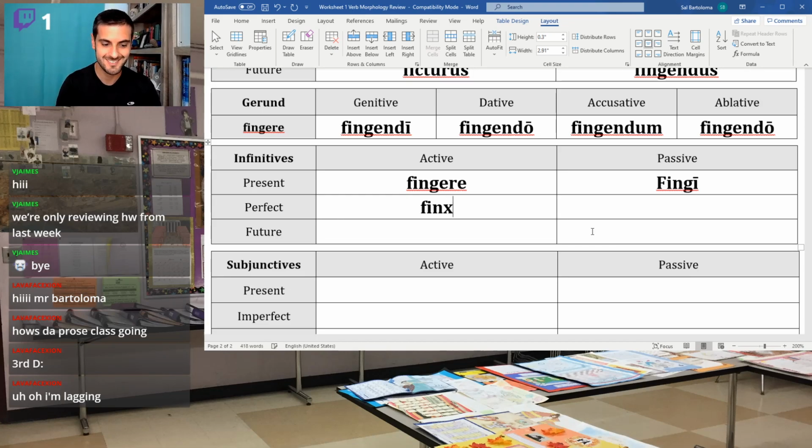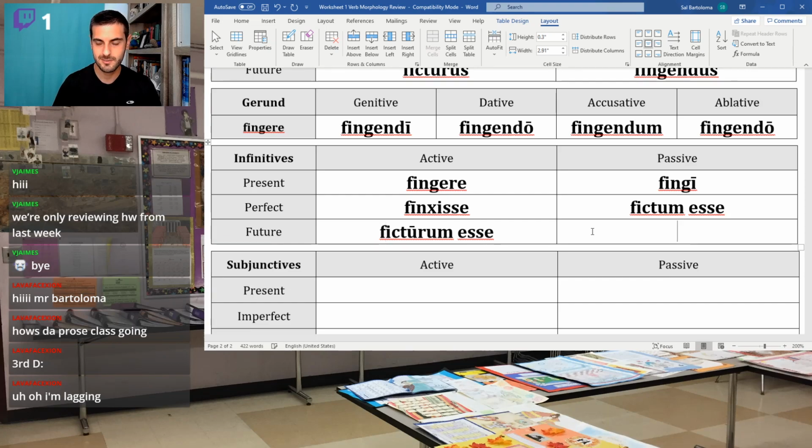So finxisse. Perfect passive, anything perfect passive is the fourth principal part. So fictus esse. I typically am going to fill this in the accusative form, only because that's the one that you see most often. So you'll often see me filling it in as fictum esse. Over here we've got ficturum esse, much like our participles.